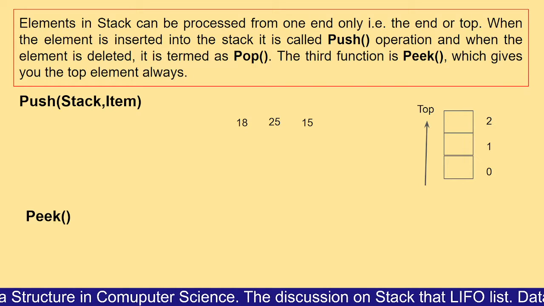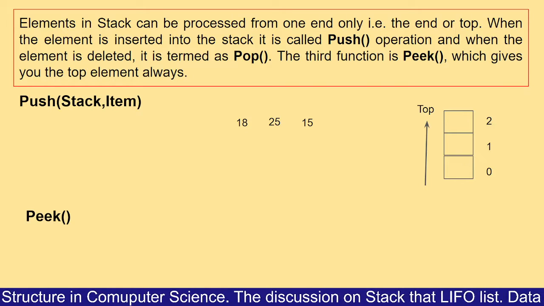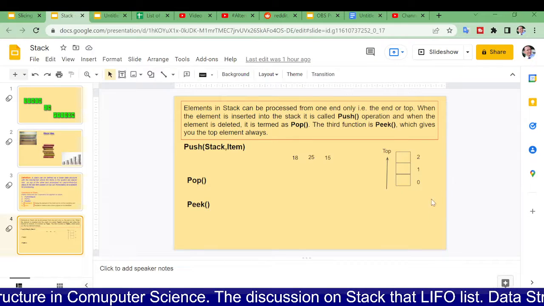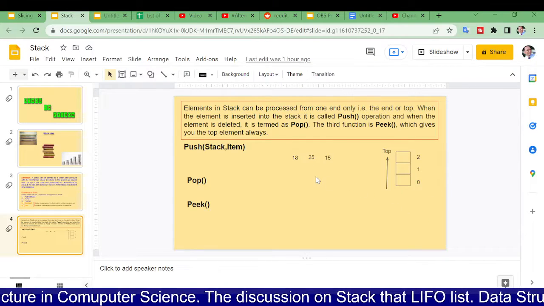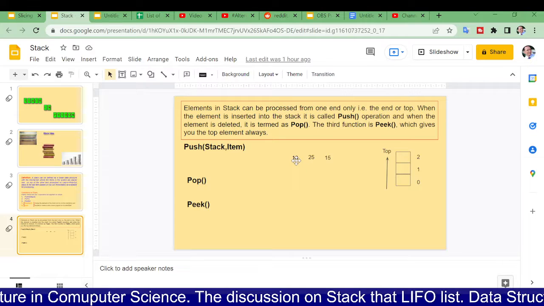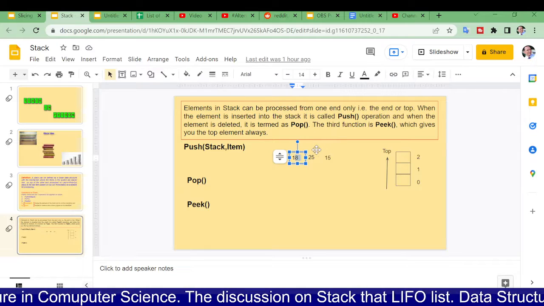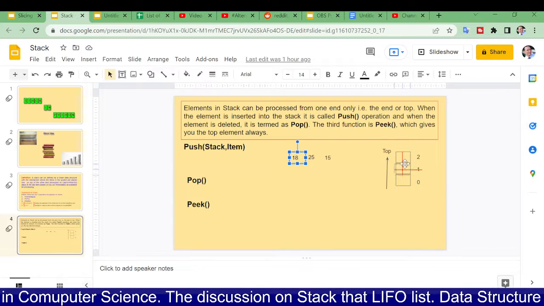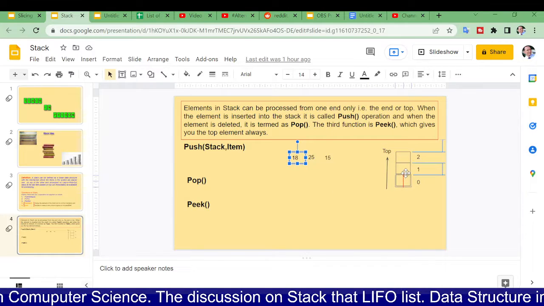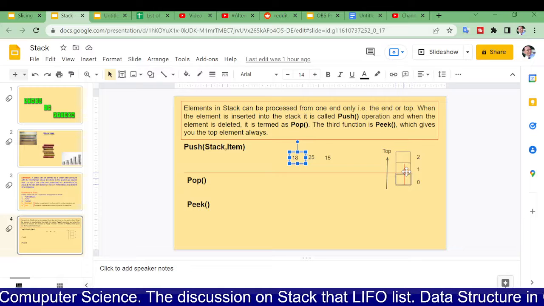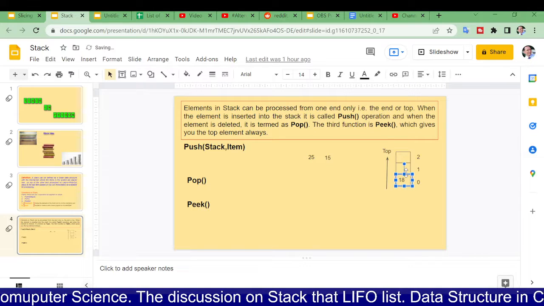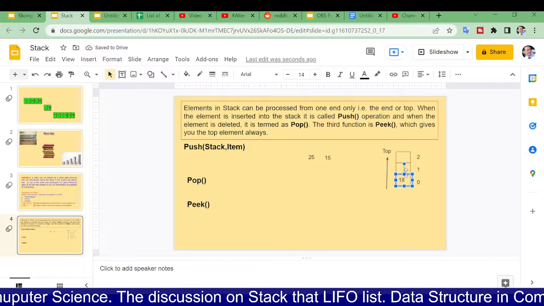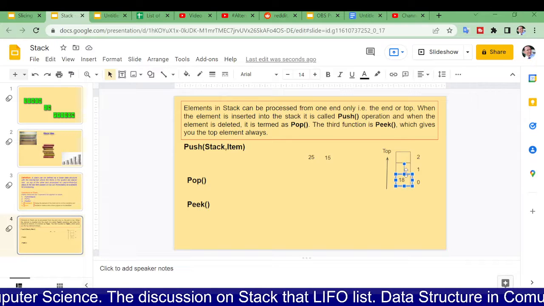So see how I can push these elements into a stack. I'm going to push element 18 here. 18 will be pushed into the stack and will be set at the bottom because this is the first element.